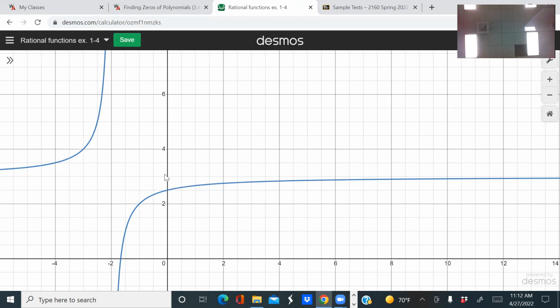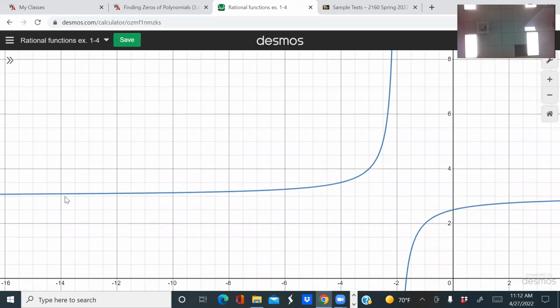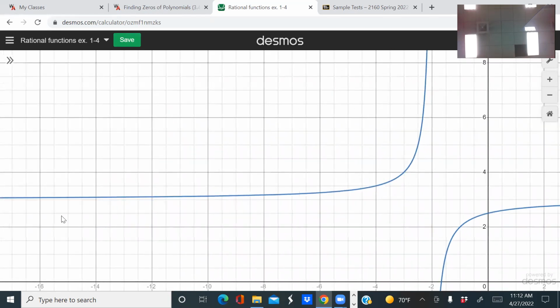You thought it was 3, right? The y values you thought were approaching 3. Or as x gets really small, as x goes down to negative infinity, same thing, the y values were approaching 3. That situation describes what's called a horizontal asymptote. The equation y equals 3 would be the equation for the horizontal asymptote.